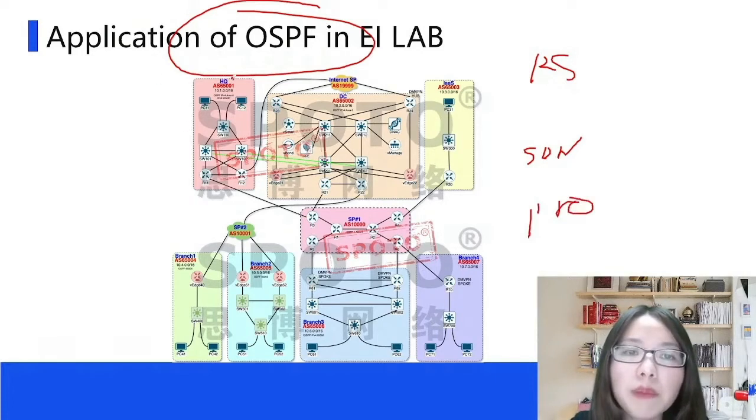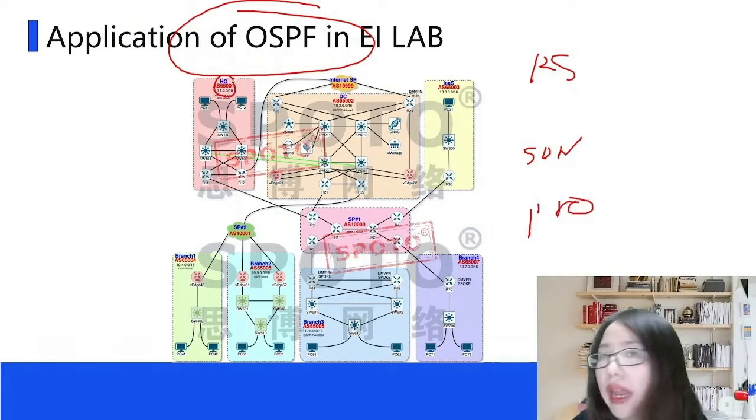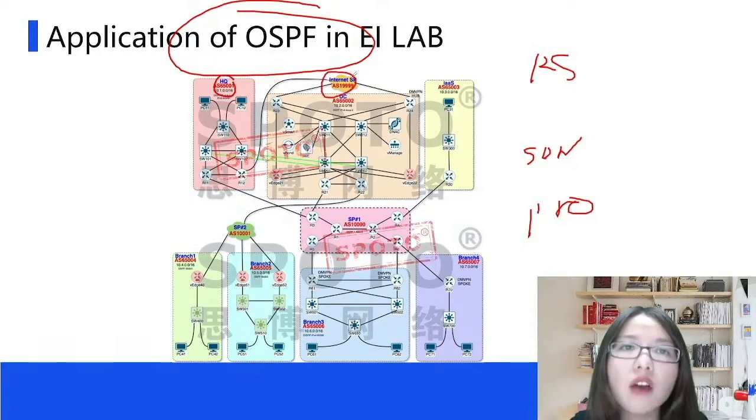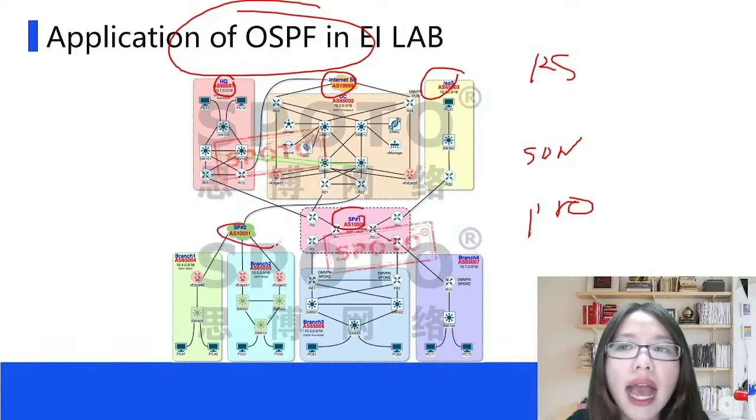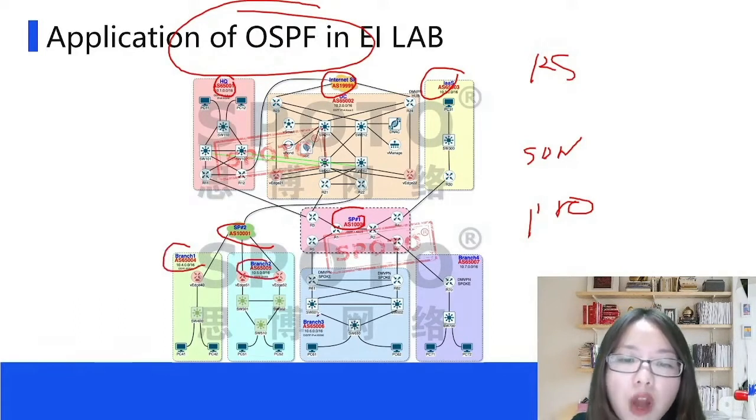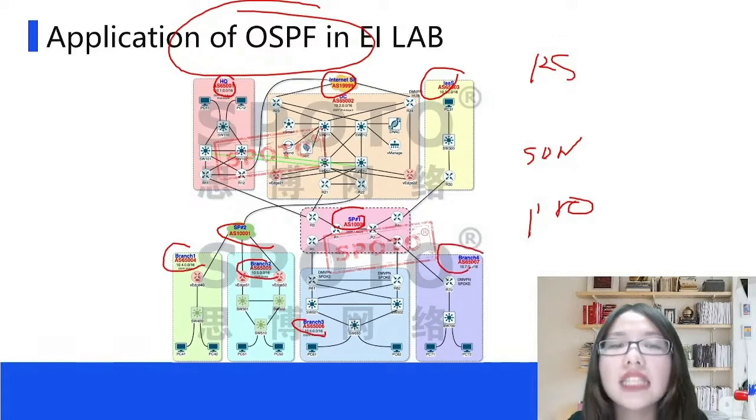This part belongs to the HQ category, this module belongs to the DC category, and the module on the right belongs to the IAS. SP1 and SP2 are connected, and the corresponding 4 branches belong to the SP.